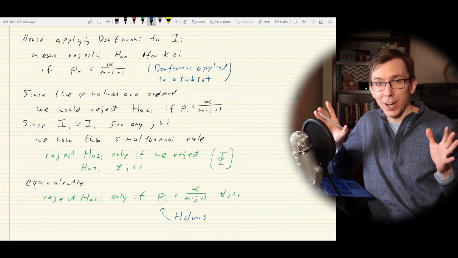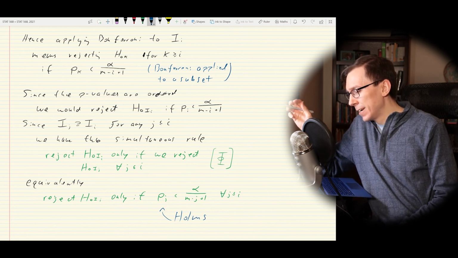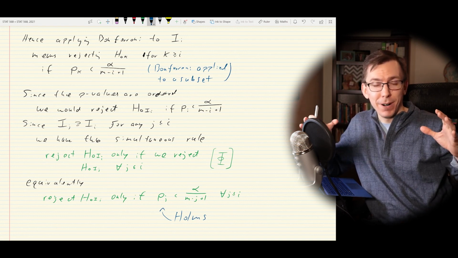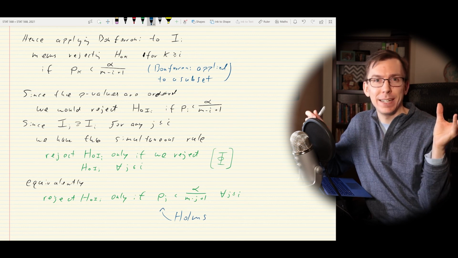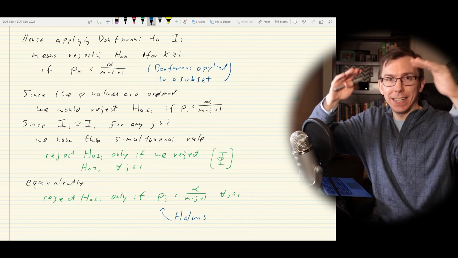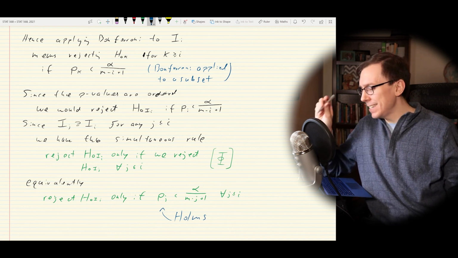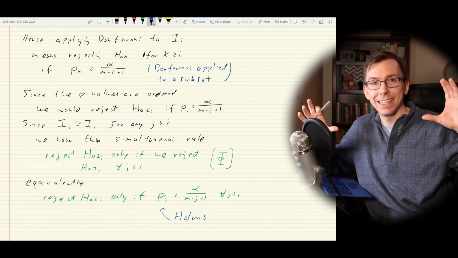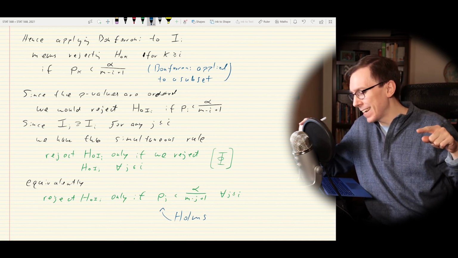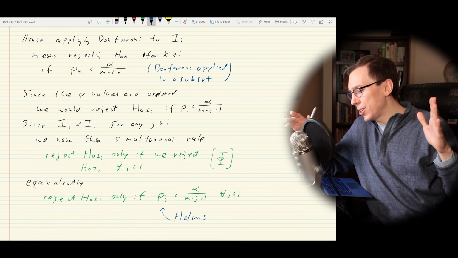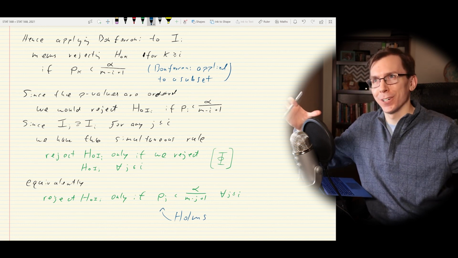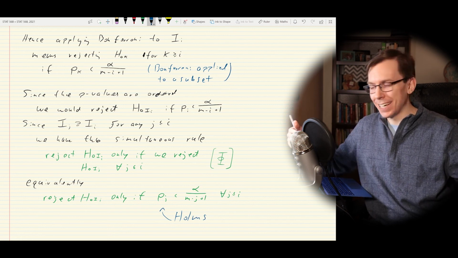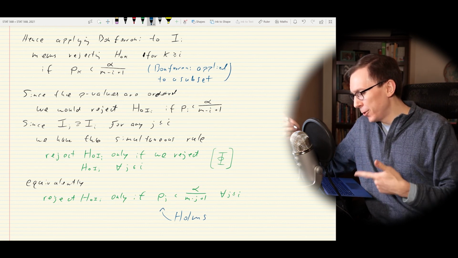So is it clear what we did here? Because it's a little abstract, so it may not be immediately clear. But what we basically did was we said, let's start with Bonferroni. Bonferroni is little phi. It's just a way to determine if we should reject p-values given a set of p-values. And then the idea is that if we apply that to a collection, a joint null hypothesis, and then we consider the simultaneous test, which is that we have to reject all of the larger joint nulls first, then what that gives us in this specific setting is Holm's method.